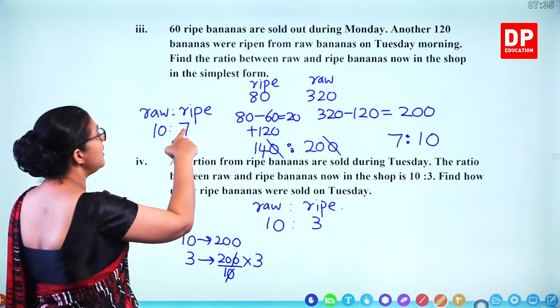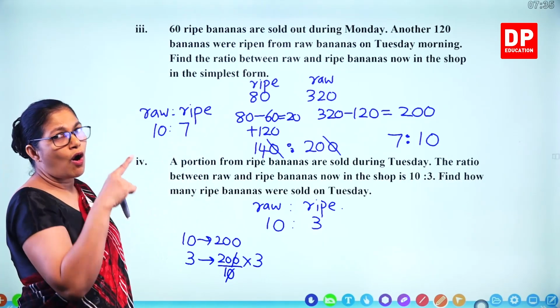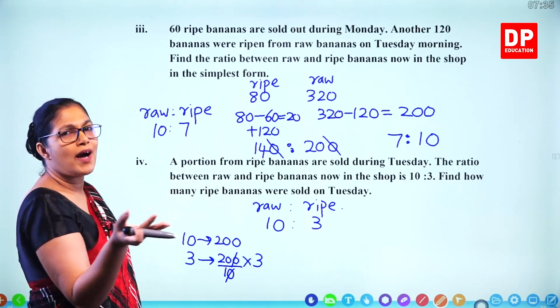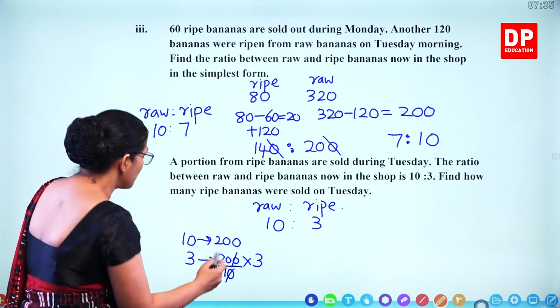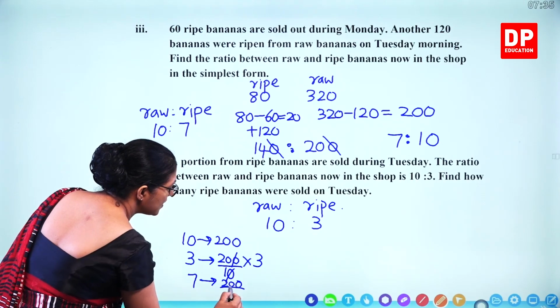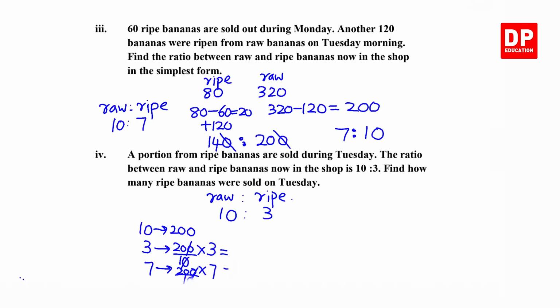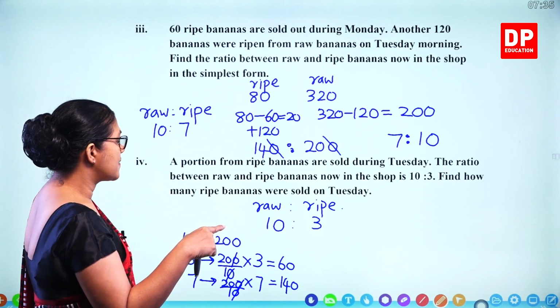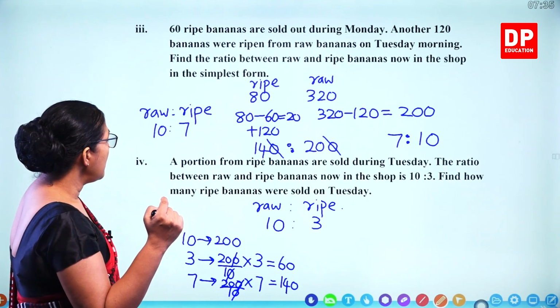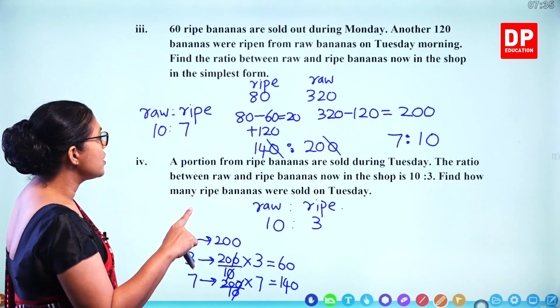Now earlier 7 parts, or you can straight away find out 4 parts is the difference. So I'll do separately. 7 parts means 200 divided by 10 into 7, 140, and this is 60. So the difference is 140 minus 60, 80 bananas were sold on Tuesday.